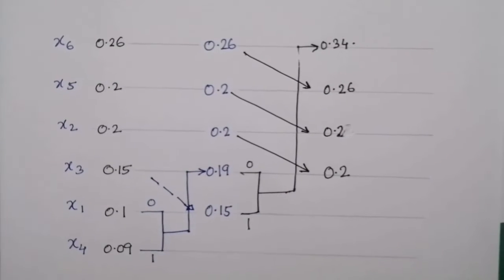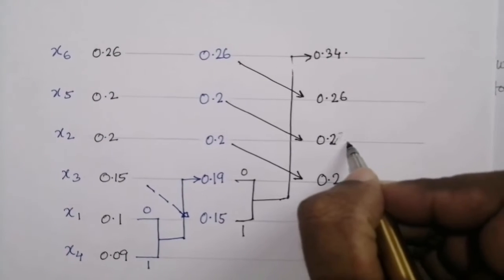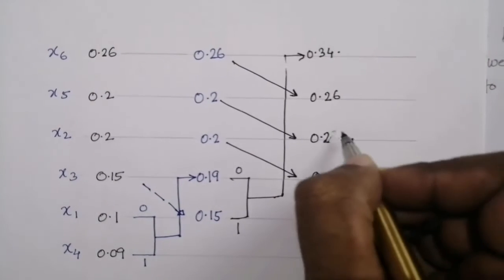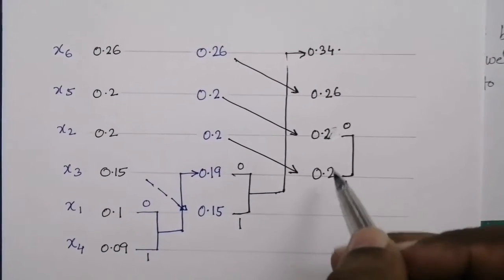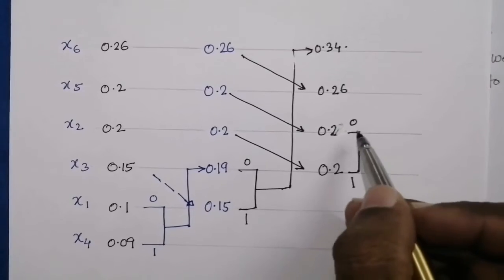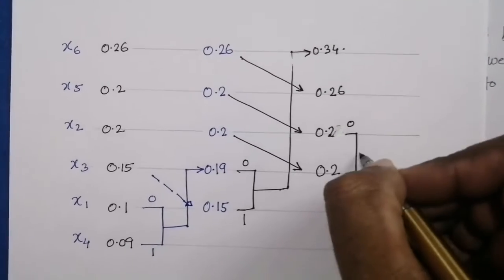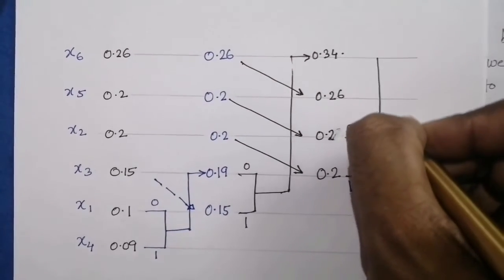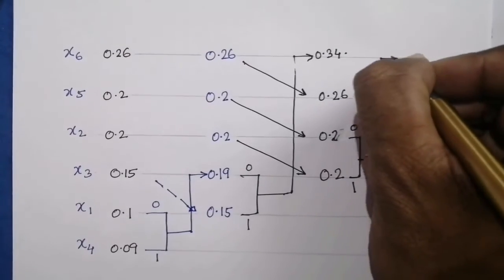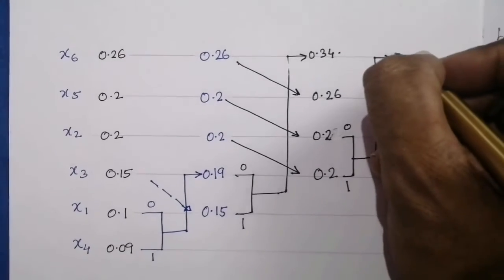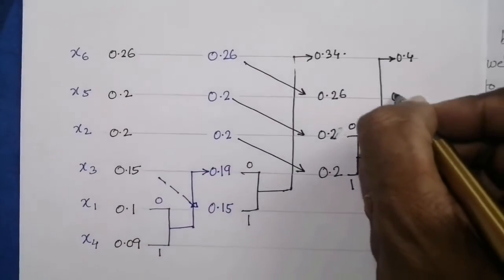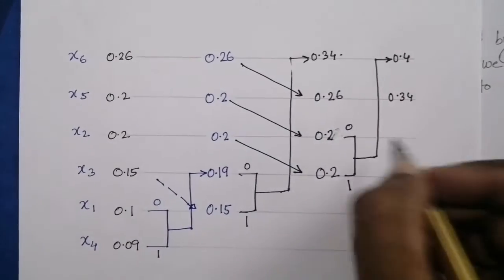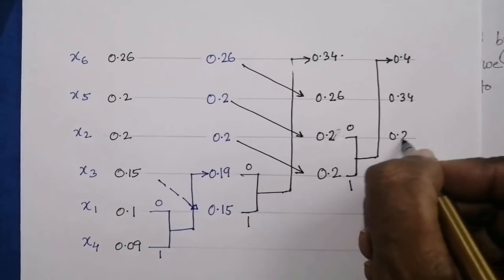Now again we will repeat step number 3. So we will combine these two symbols and assign symbol 0, 1, and the probability of the new symbol will be 0.4. So the position of the new symbol will be above the other symbols, with probability 0.4, and here it is 0.34, and again it is 0.26.